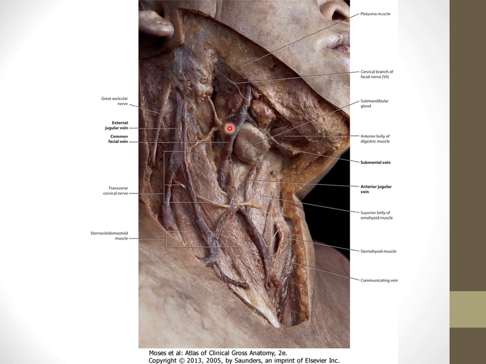Here's your common facial vein. Then you have here a little bit of your transverse cervical nerve. You can see how it's actually traveling right across the surface of the sternocleidomastoid. And you may have a communicating vein as well. And here are a few additional muscles that we're going to be dealing with when we start talking about the anterior triangles of the neck.